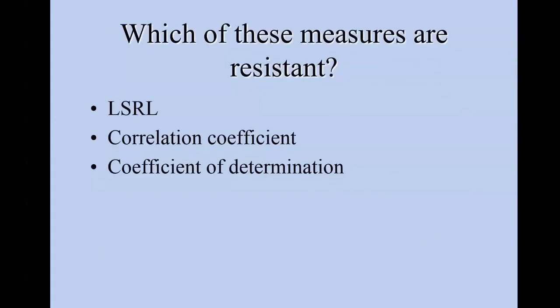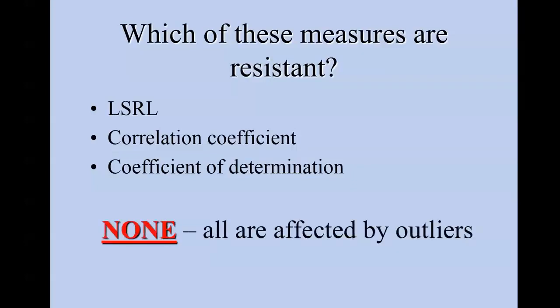Okay, in quick summary, resistant means not influenced by extreme values. So which of the following would extreme values, outliers, or influential points not really make a difference to? It turns out none of them. All of those measures can be impacted by extreme data.